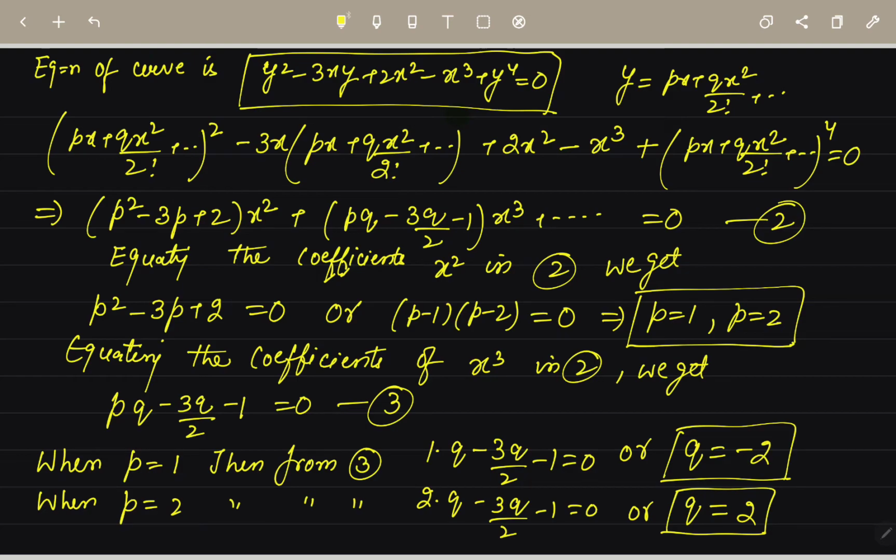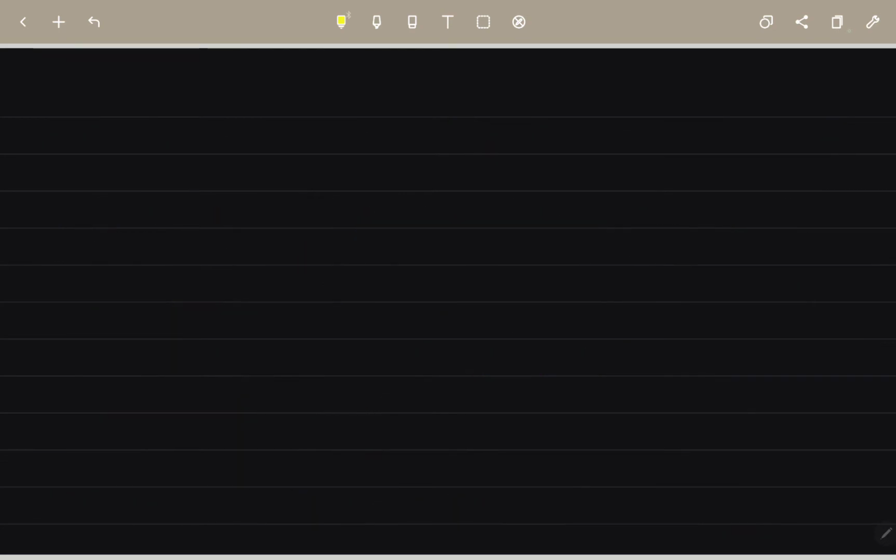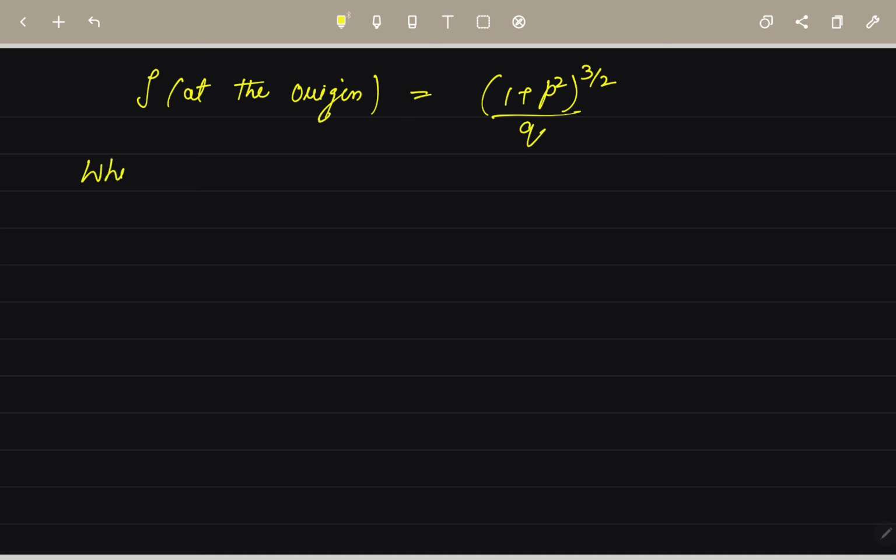Now I have to substitute these values in the radius of curvature formula. I know that the radius of curvature at the origin is given by (1 plus p square) whole raised to the power 3 by 2, divided by mod q.